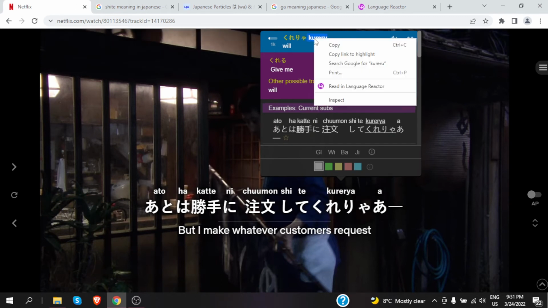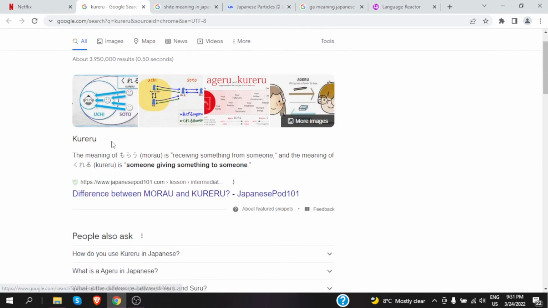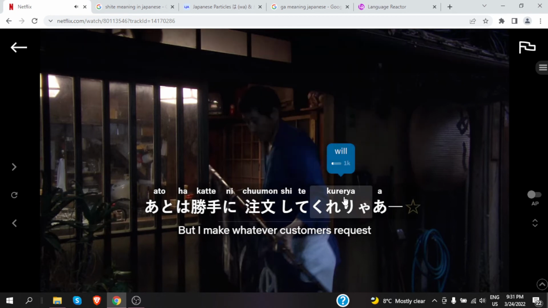Okay, so Kureria. Kureru. Let's have a look. Someone giving something to someone, okay? So, but he gives them whatever. Okay, so I'm visualizing someone giving, yeah? Kureru. Kureria. Okay, kureria.